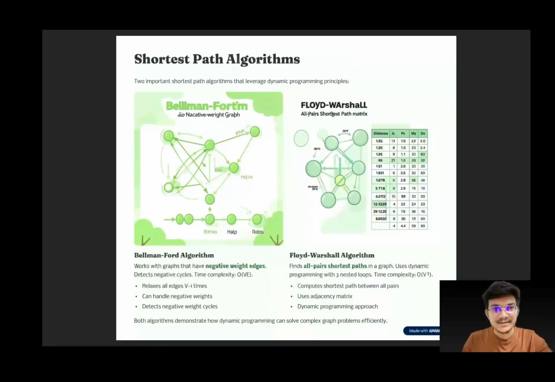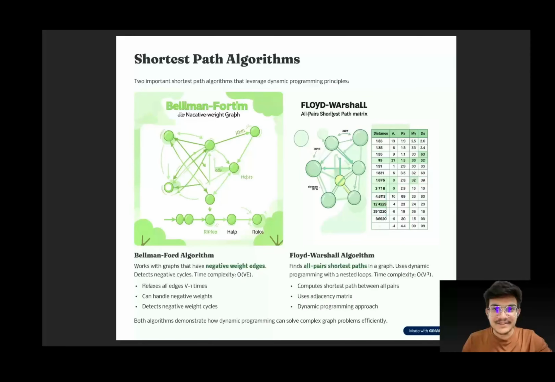Here is another concept, shortest path algorithms. There are two shortest path algorithms. First, the Bellman-Ford algorithm, and the second one is the Floyd-Warshall algorithm. The Bellman-Ford algorithm works with negative weight edges, detects negative cycles, and its time complexity is O(V multiplied by E).